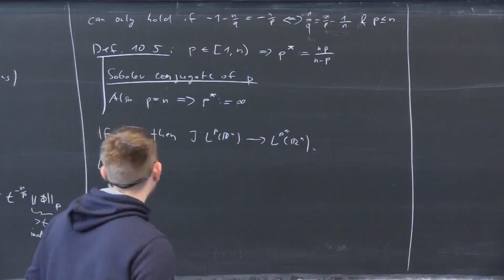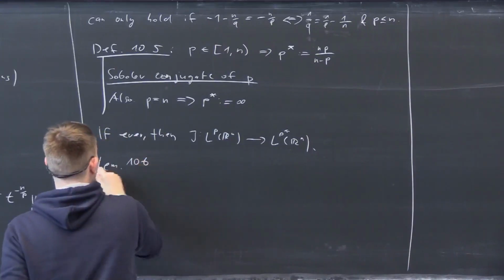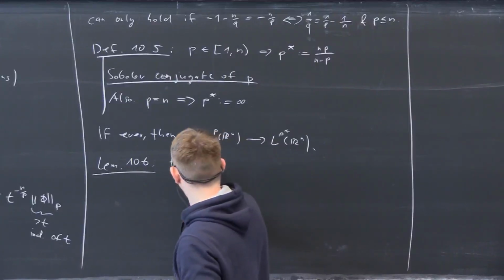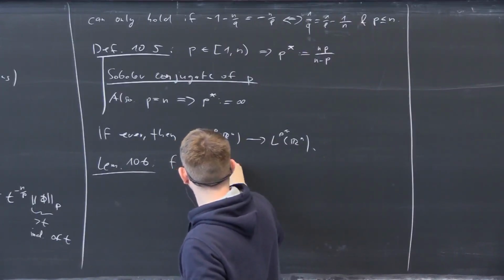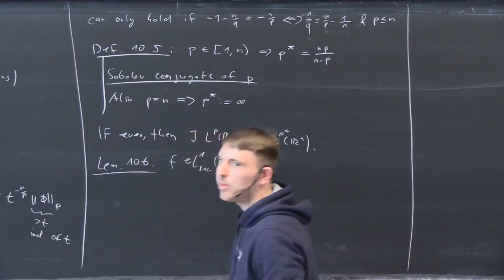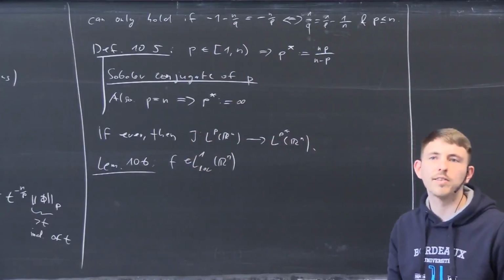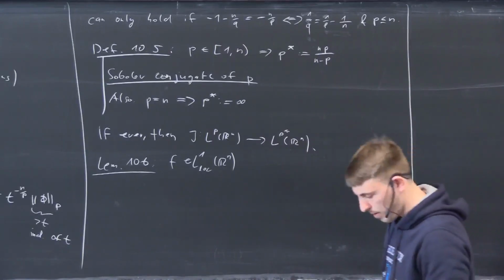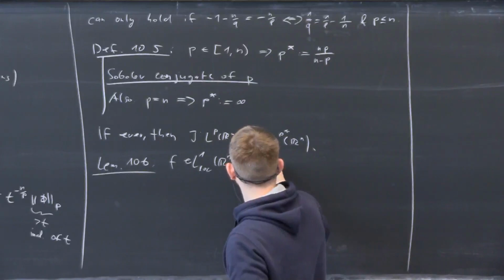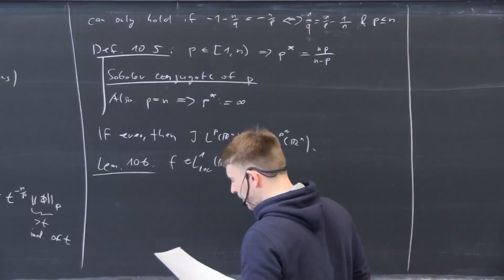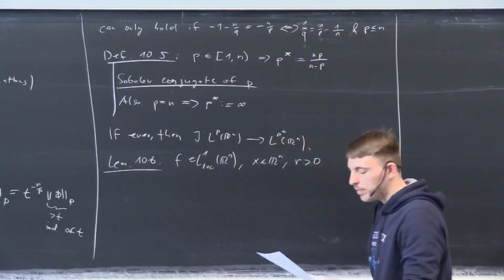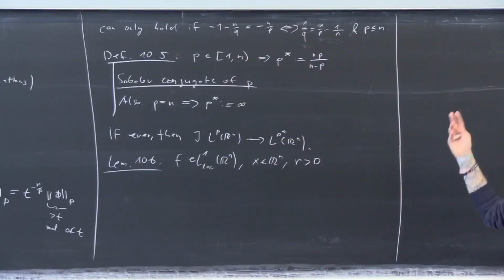Lemma 10.6. So we take f in L1 log L, Rn. So I still don't get enough of introducing new classes of functions f. So this is now the fourth possibility that we have. We take some point x in Rn, and we take some r positive, and then I want to estimate the Riesz potential, but just in some ball around 0.